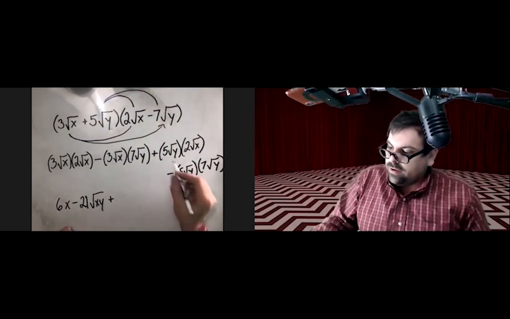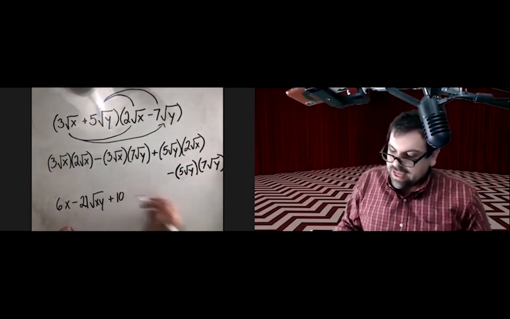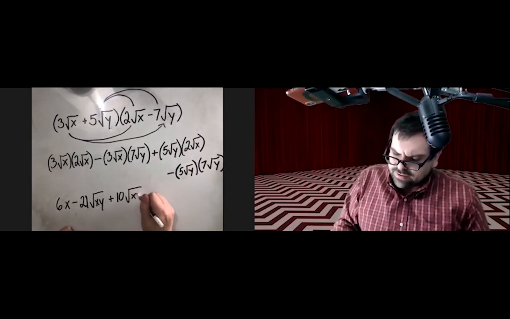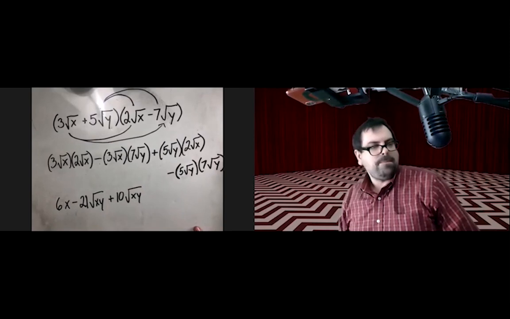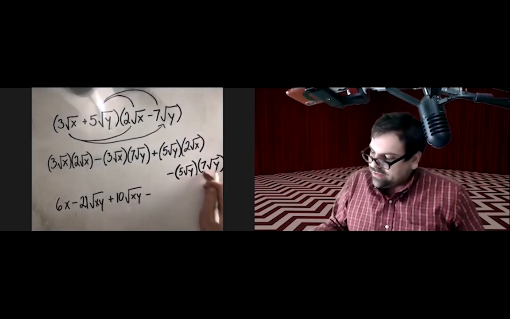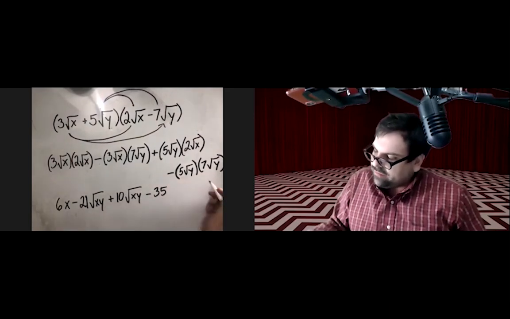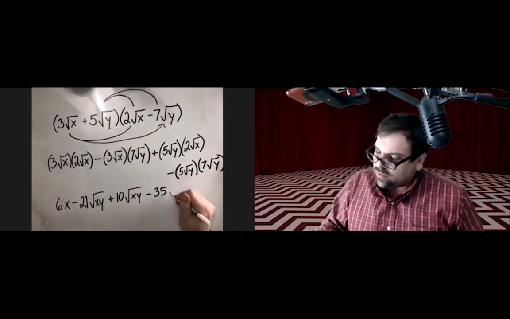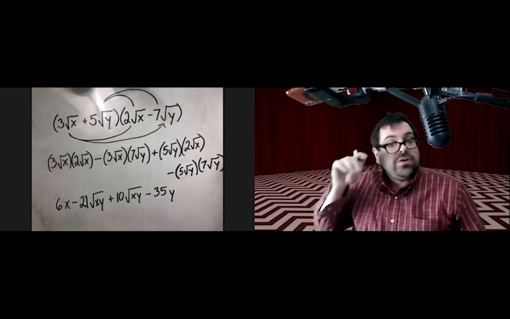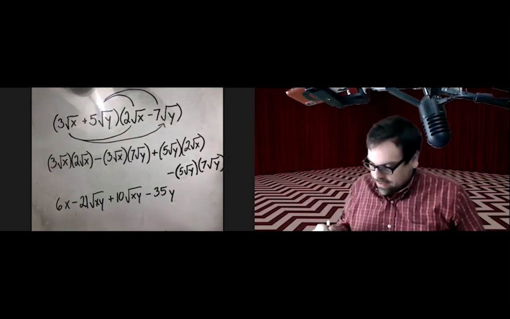Plus 5 times 2 is 10. Radical y times radical x, that's still radical xy. And then minus 5 times 7 is 35. Radical y times radical y is just y, because a radical times itself is what we're left with underneath.